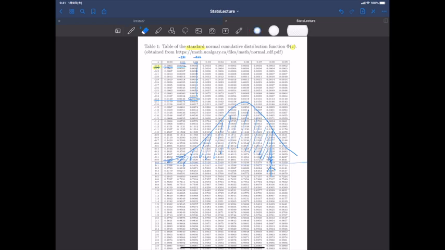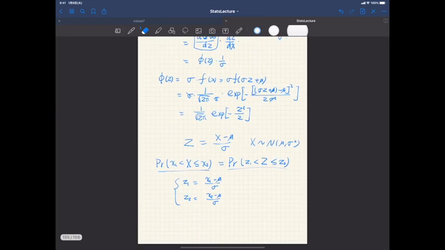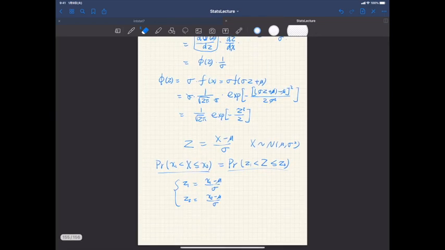Okay. So what about the probability of a range like this one?